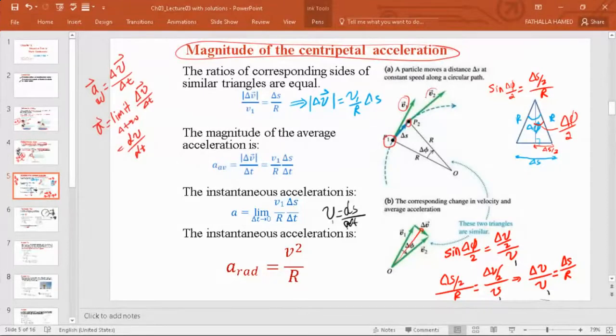So you have V2 here. If you look at the length of the vector V2 and the length of vector V1, they are the same length, meaning they have the same magnitude, meaning it's the same speed, but they have different directions, and they always have to be tangent to the circular path. And what is causing this change in direction is the centripetal acceleration.